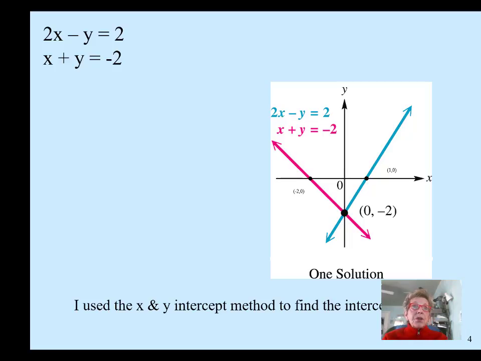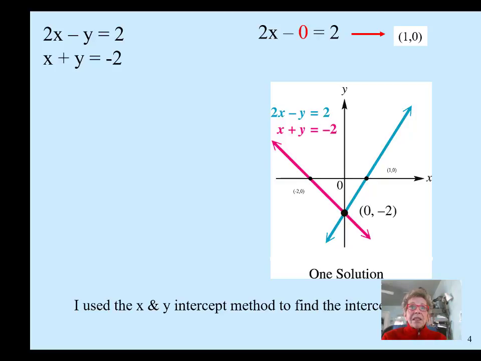I'm going to use these two equations in the upper left-hand corner, which are a system of equations, and I'm going to use the x and y intercept method to graph. I'm going to take the first equation, and when I plug 0 in for y, then I can solve for the x-intercept.